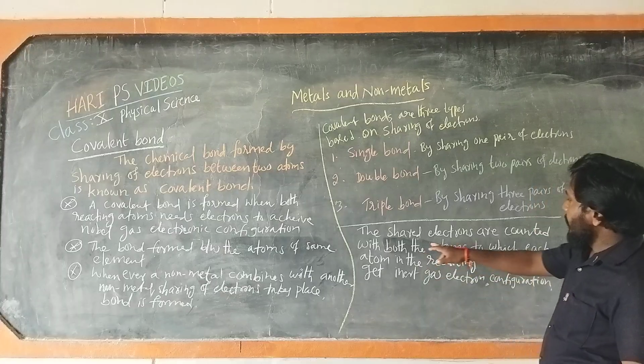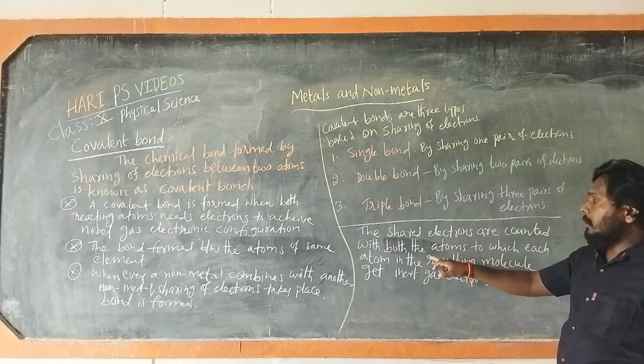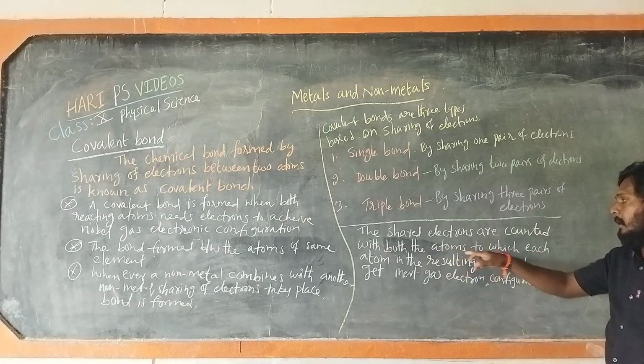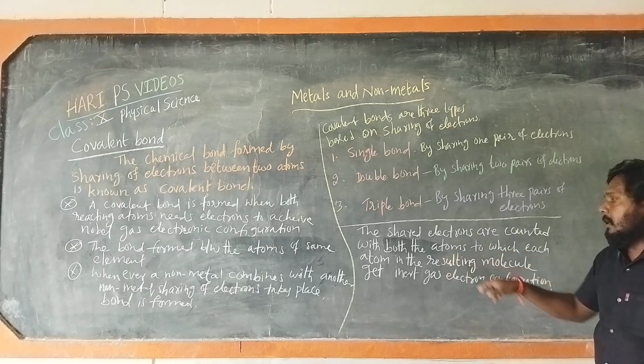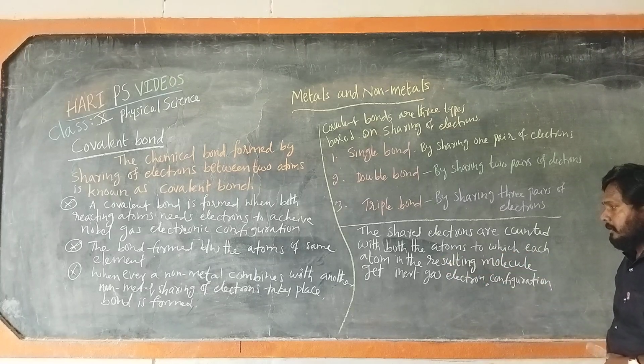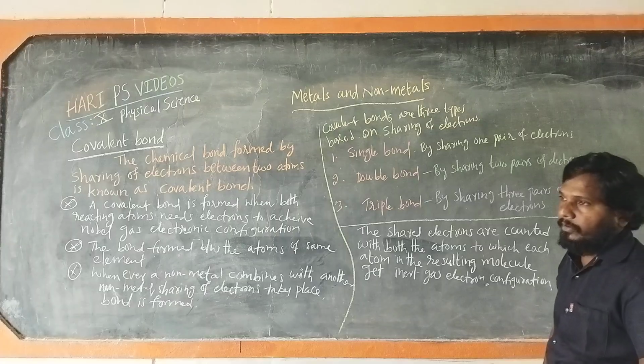The shared electrons are counted with both the atoms, so that each atom in the resulting molecule gets an inert gas electronic configuration.